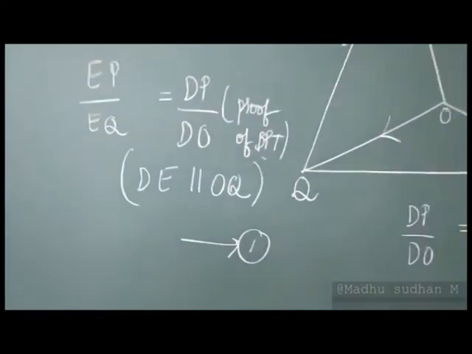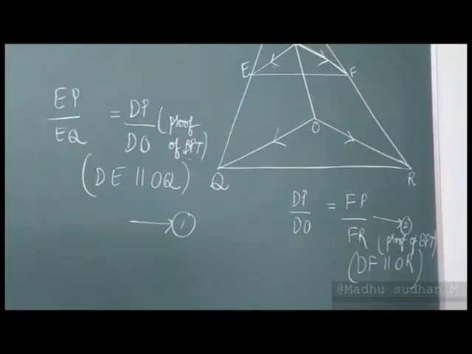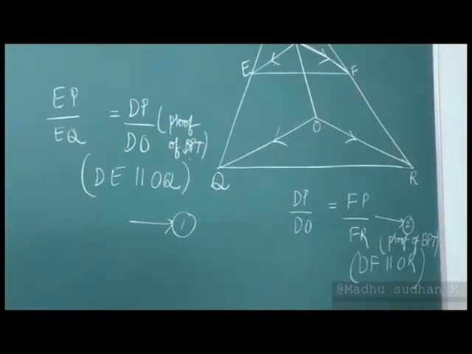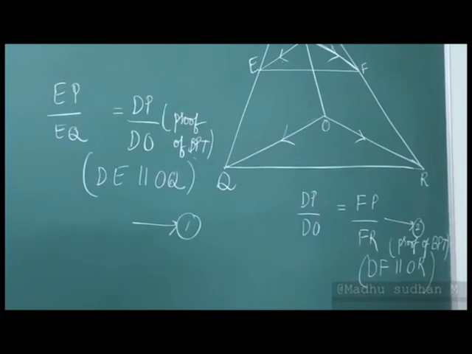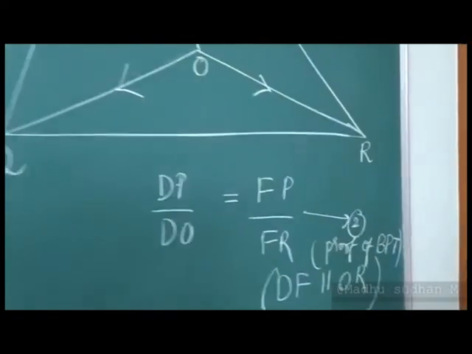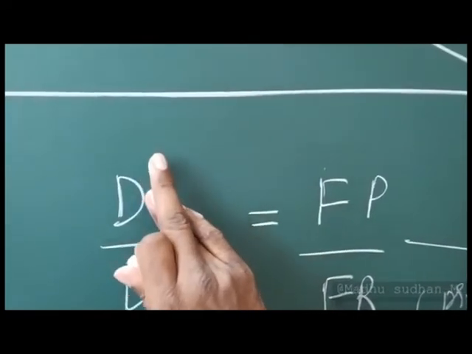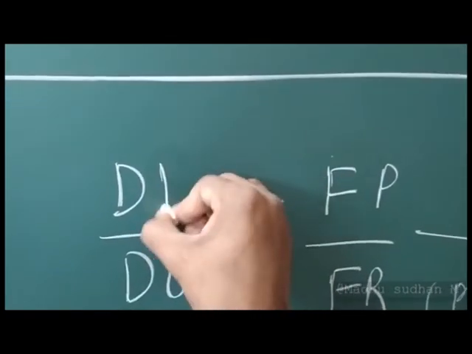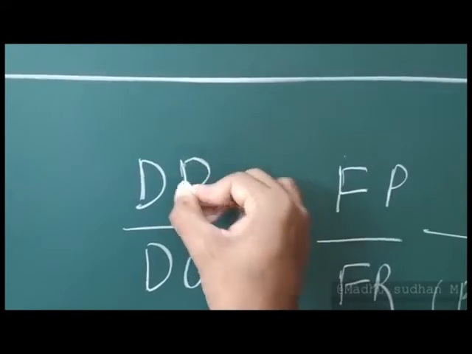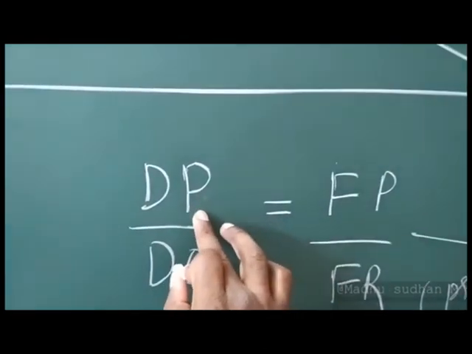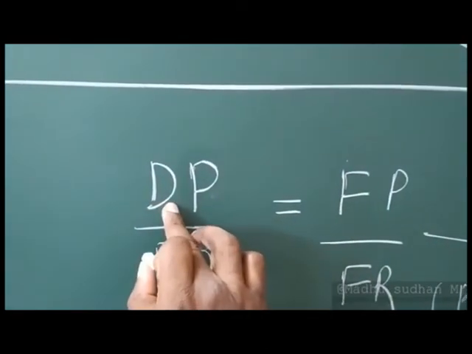Now can we compare this, children? If we compare, we have DP by DO, right? In both equation 1 and 2, we have this DP here. So let me rewrite this part, this alphabet. We need to write D and P very distinctly. Let not this P appear like a D, or let not this D appear like P here.